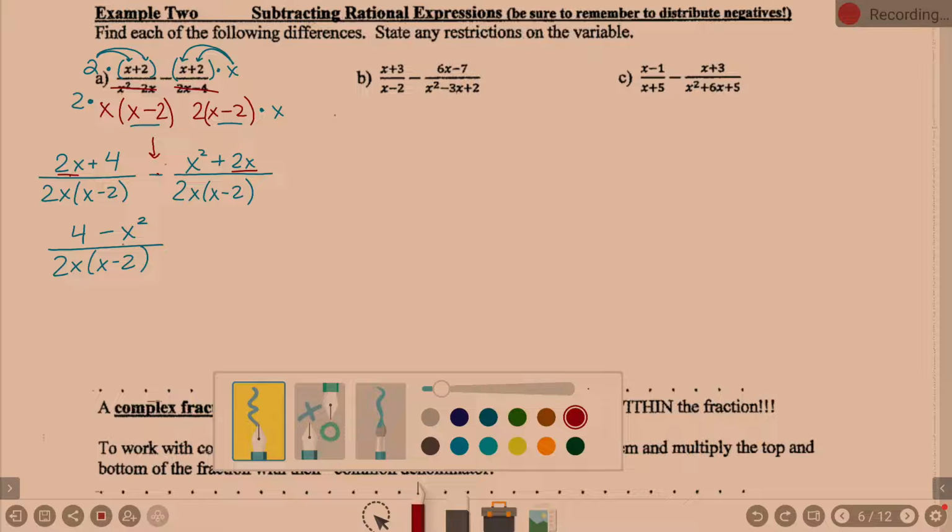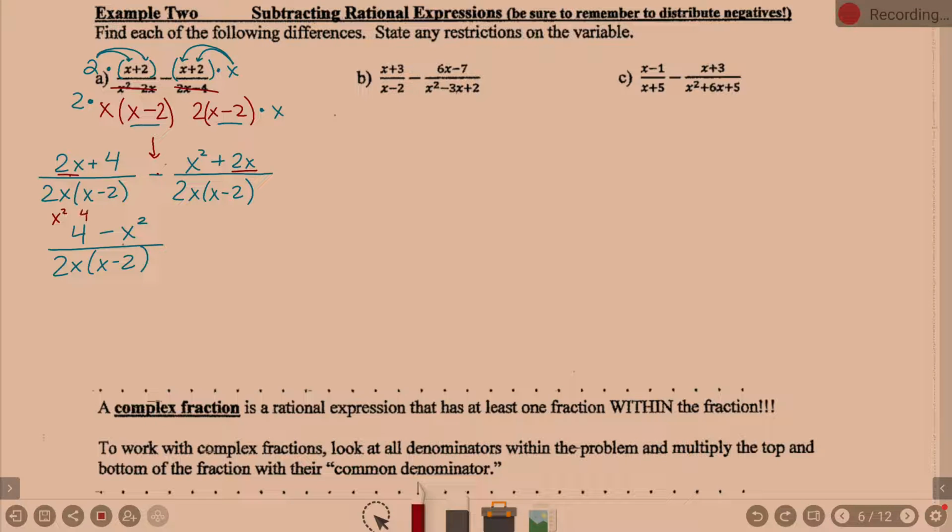Do we like 4 minus x squared? Usually you guys aren't crazy about that one. So, I'm just going to write it right up here, but if I flip it, as in reverse it, so that I put my x squared term first and then my 4 term, this is really going to be negative x squared plus 4 in my numerator.